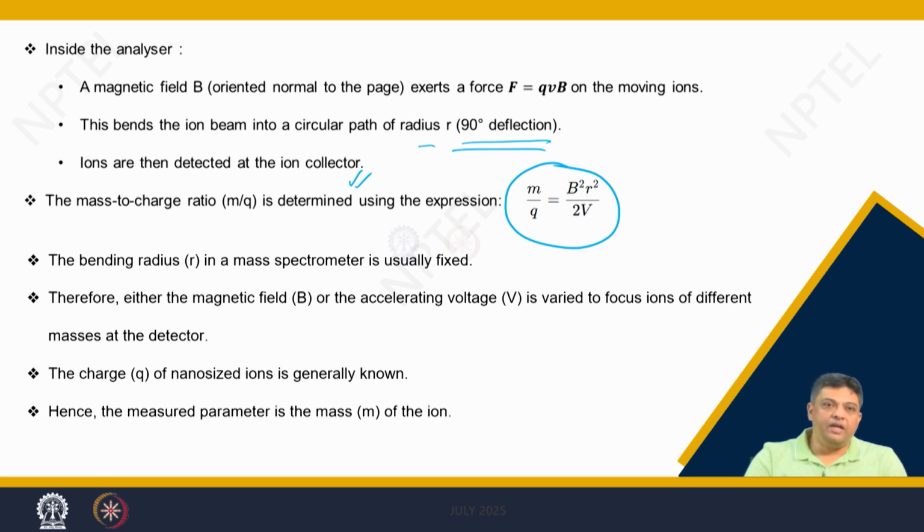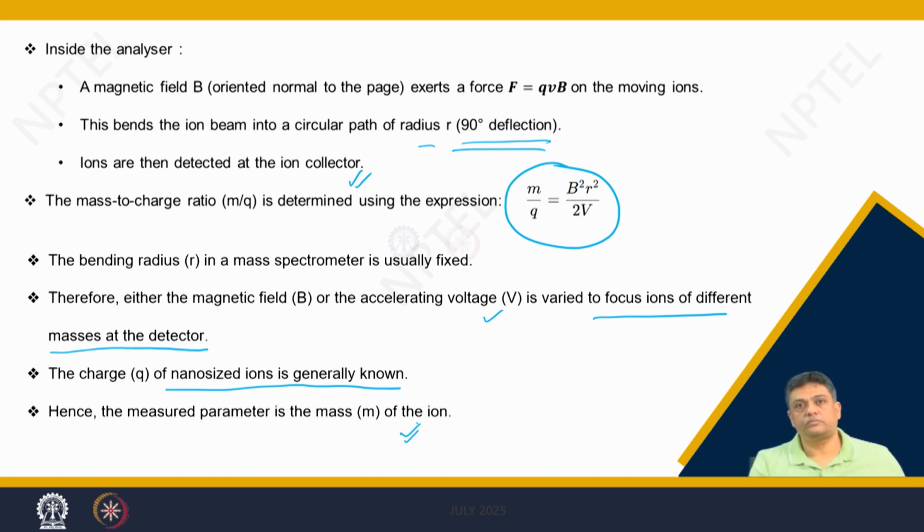Now, either the magnetic field B or accelerating voltage V is varied to focus ions of different masses at the detector, and the charge Q of the nano sized ions is generally known, because we know the material has certain elements in it. Hence, the measured parameter is the mass m of the ion.